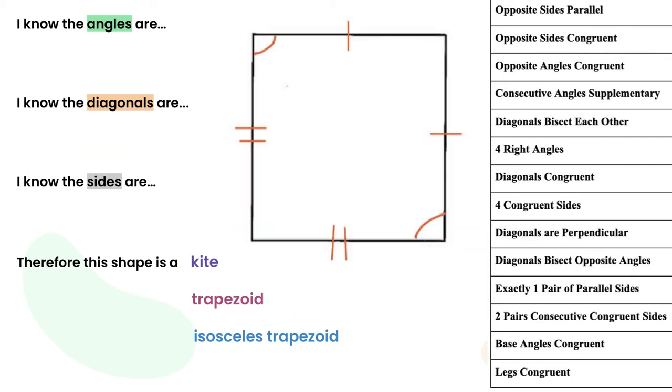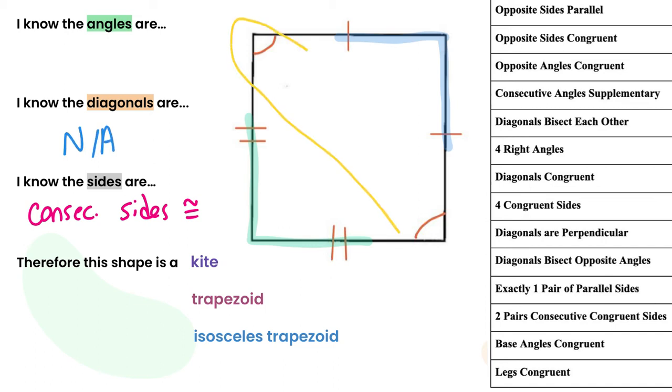This one, I see that I have what we call consecutive sides as being congruent. Those are ones that are next to each other. So here for my sides, I can say that the consecutive sides are congruent. I don't know anything about the diagonals. I see nothing drawn. And then these angles here, opposite angles are congruent.